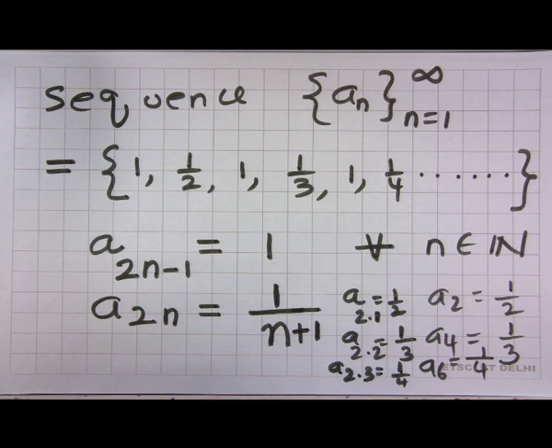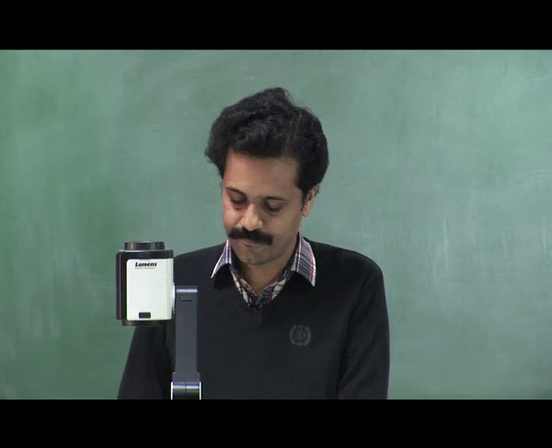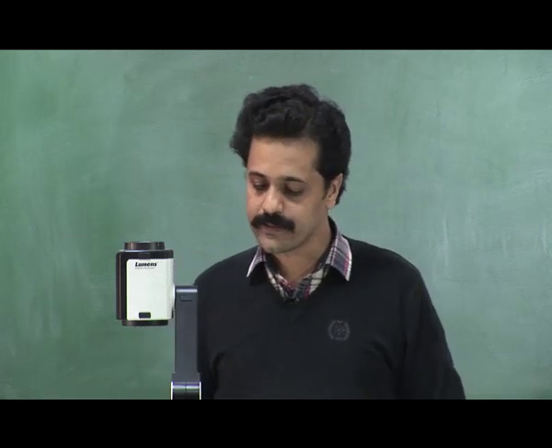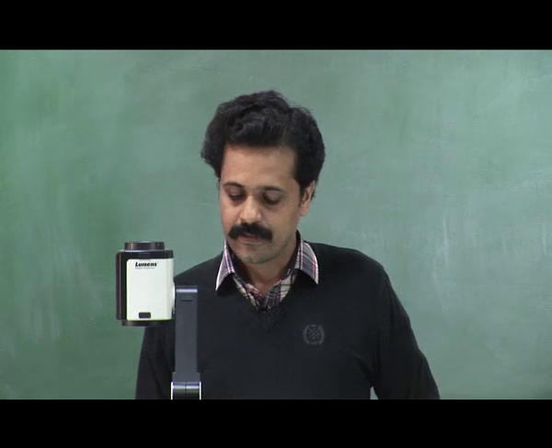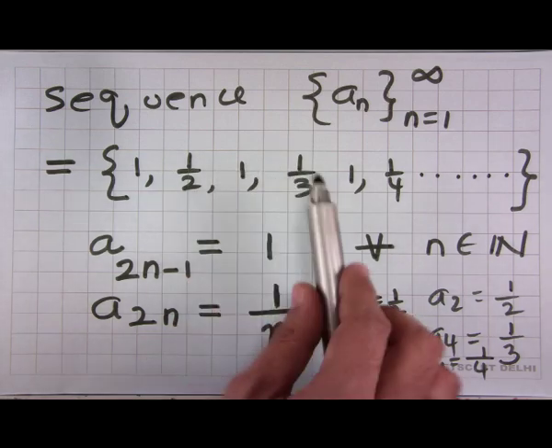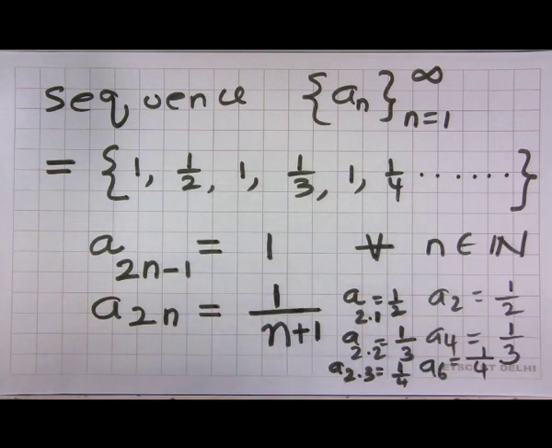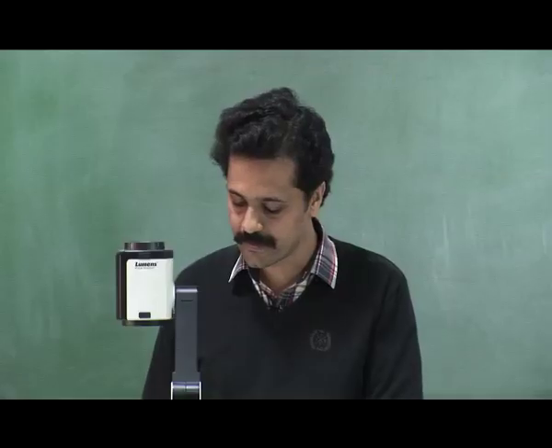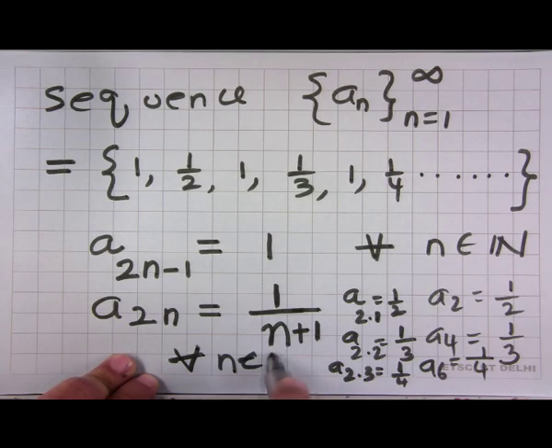You can cross check it. So this is the sequence inherent with the list 1, 1 by 2, 1, 1 by 3, 1, 1 by 4, and so on. The odd terms are 1, and the even terms A_2n can be described with the help of 1 by n plus 1 for every n in N.